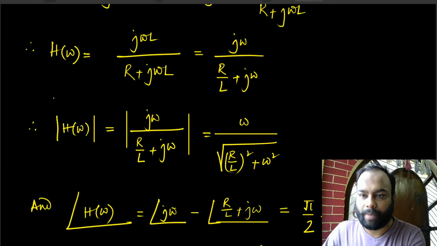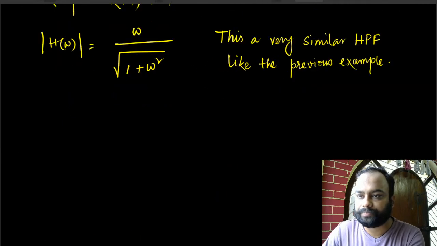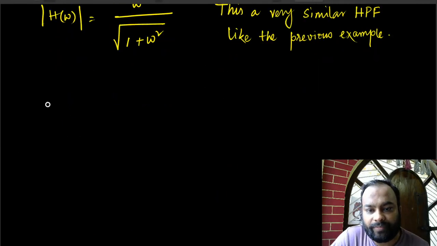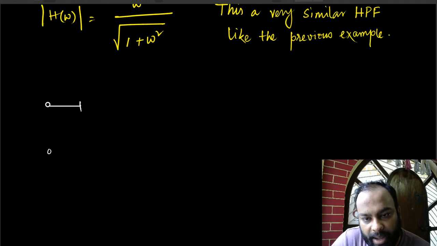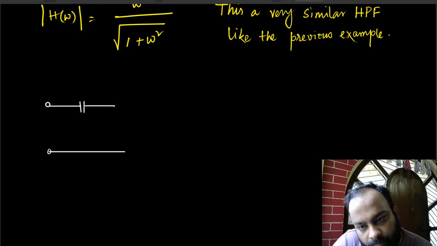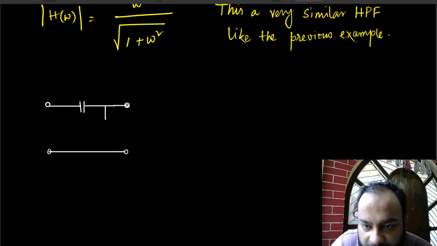So let's draw this. I have this configuration with a capacitor here and a resistor here.